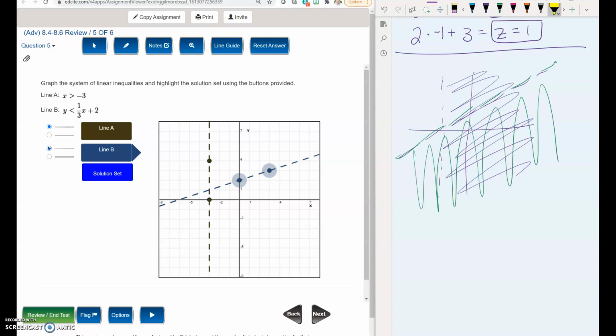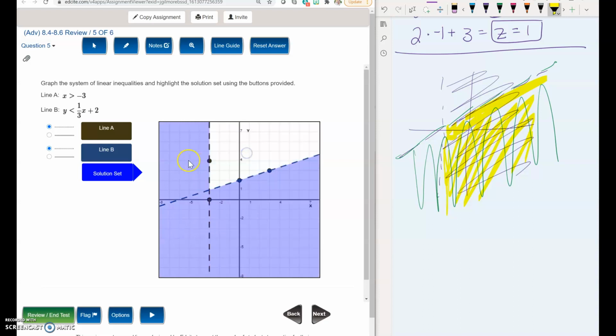Now, the important thing about sketching it on your paper is that you don't put in where each of them is shaded. You only put where they are both shaded. You want the final solution area. So, when you click Solution Set, you can click each of these to highlight them, but only one of those 4 areas is correct.